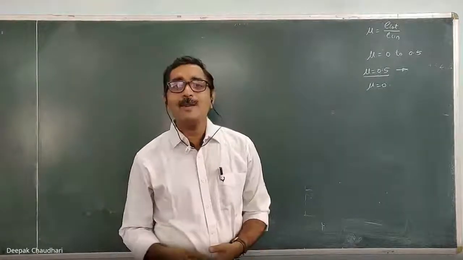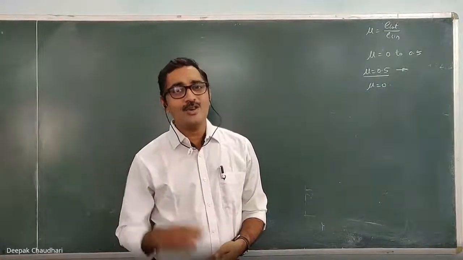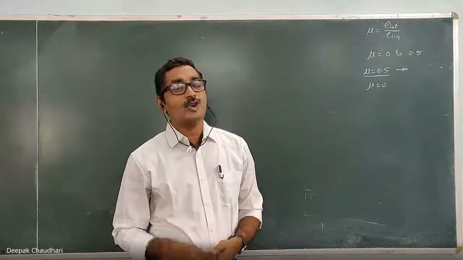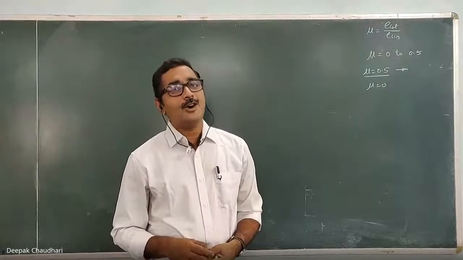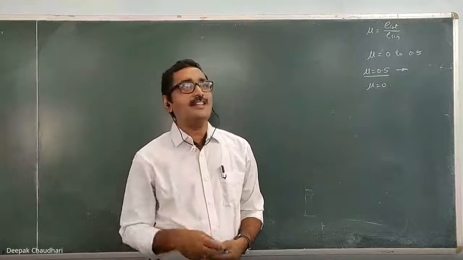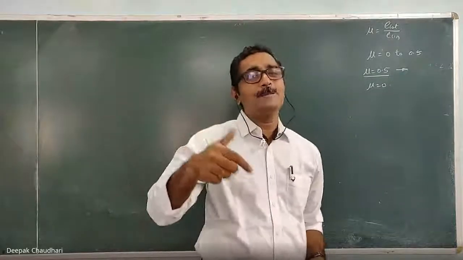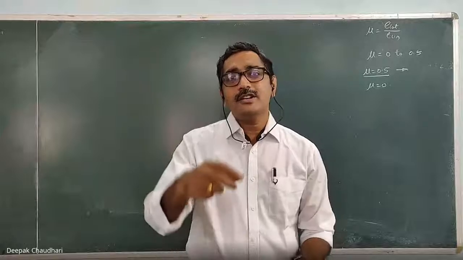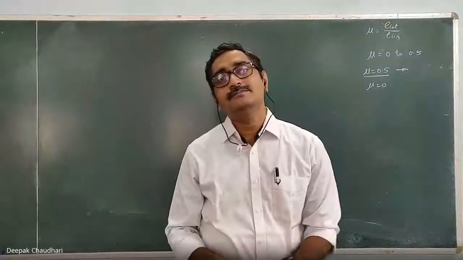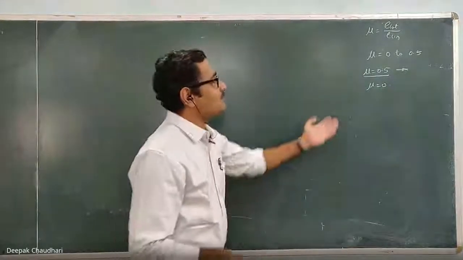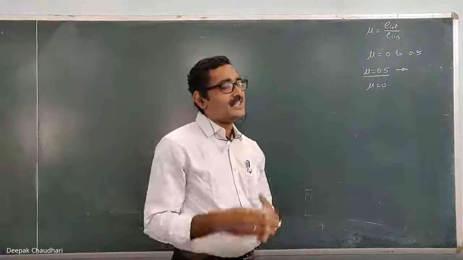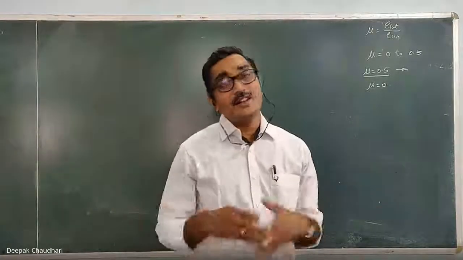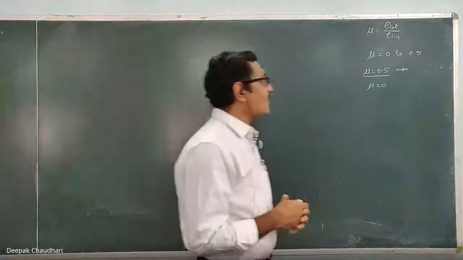One example is cork. In earlier days cork was used for the cap of a bottle. For cork, mu equals 0, so there is only linear strain and no lateral strain. This is all about mu.